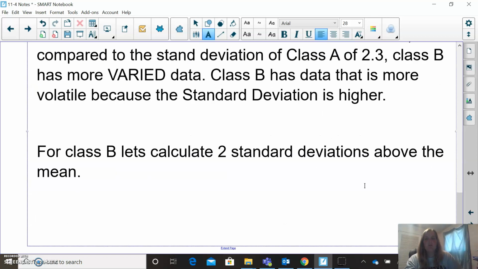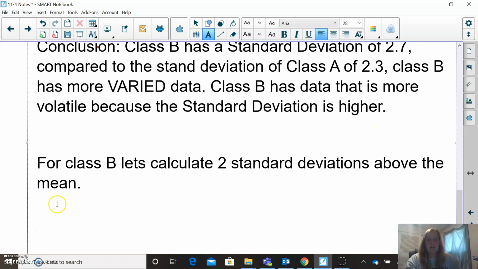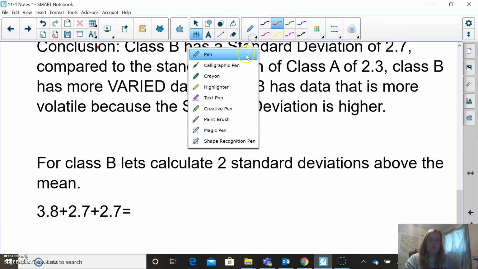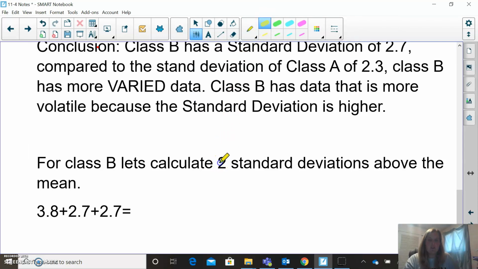So, to calculate 2 standard deviations above the mean, we're going to take the mean, which was 3.8, and we're going to add the standard deviation twice because we're looking at 2 standard deviations of the mean. So, let me highlight that. We are 2 standard deviations, so we add the standard deviation twice.